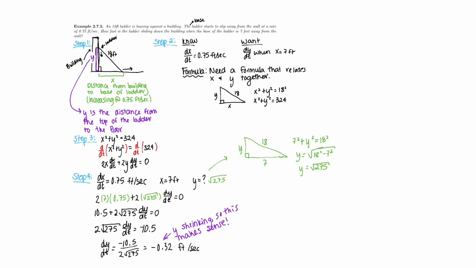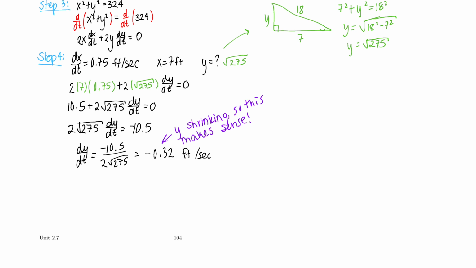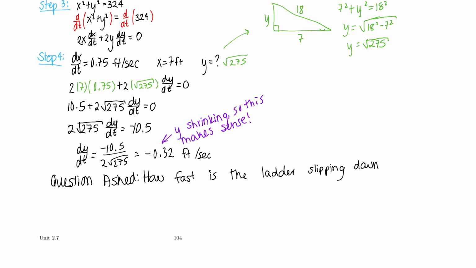So to make it make sense in the context of the question, we would take away the negative because the negative doesn't make sense in the context of this question.